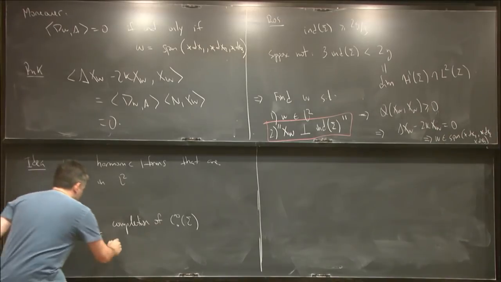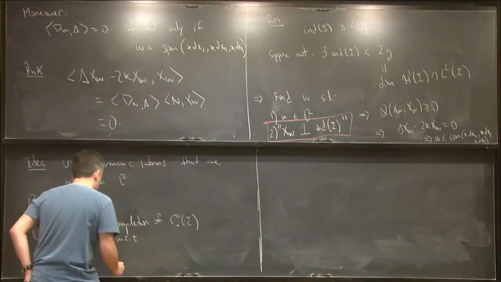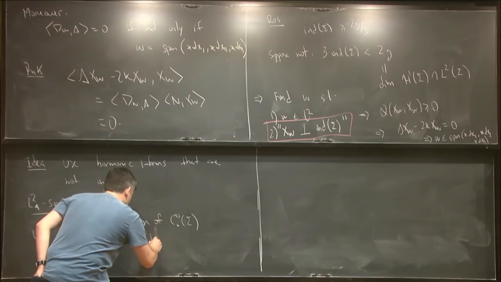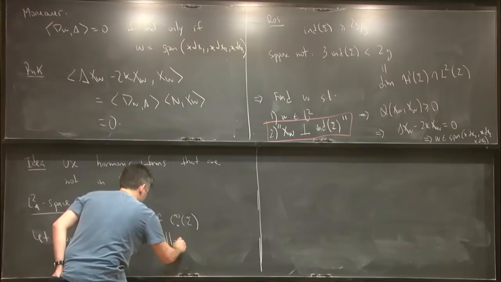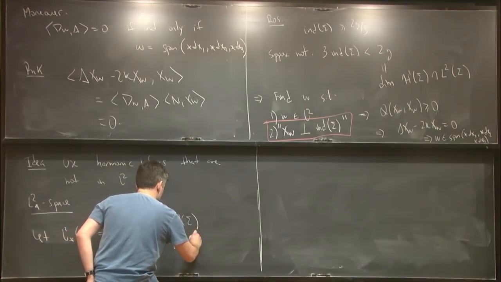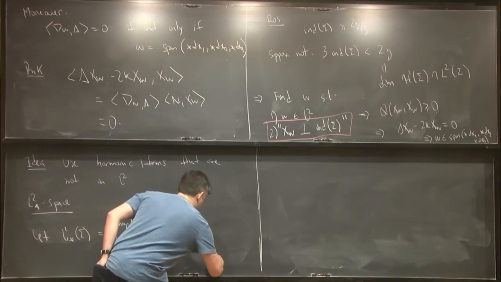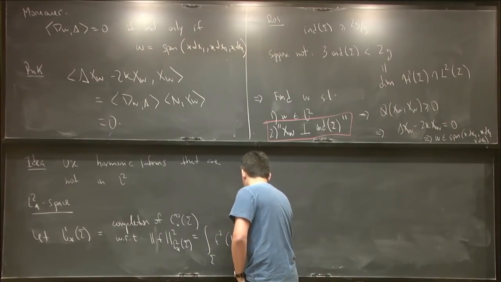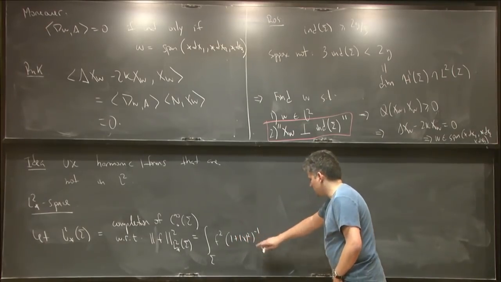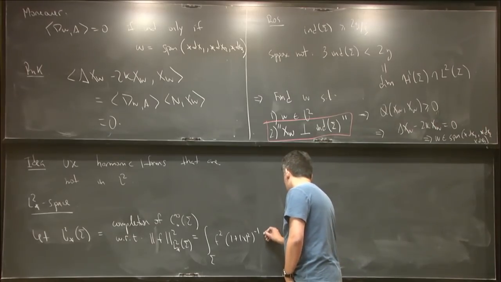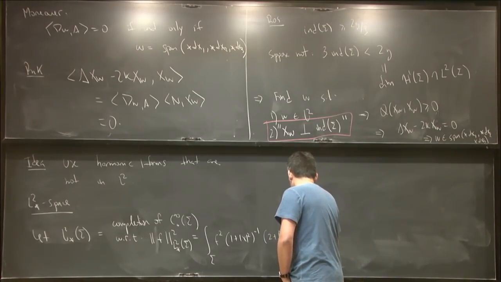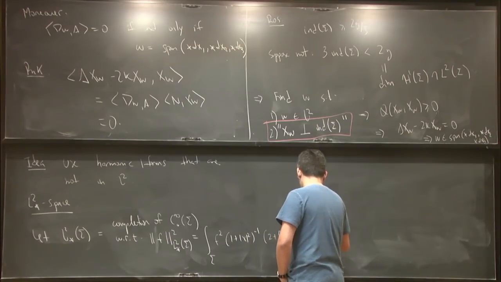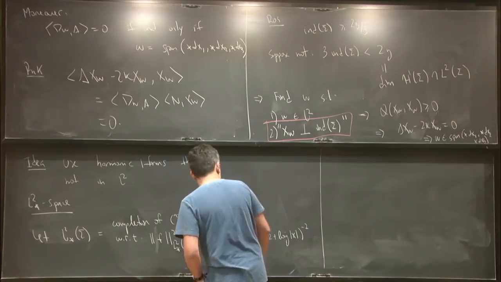And then with respect to the following norm: the integral over sigma of f squared times 1 plus this, so we're going to put this quadratic weight, and we also need a logarithmic rate, d sigma.